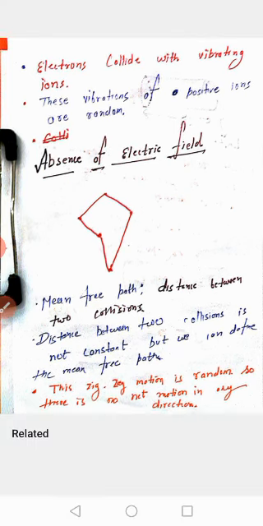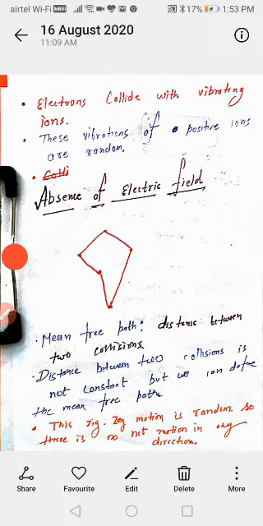In order to understand the conduction of solids, first we will discuss the absence of electric field. What happens when there is no field applied on the conductor? When we do not apply any kind of field on a conductor, then what really happens?